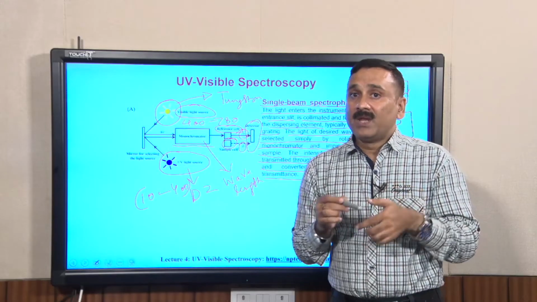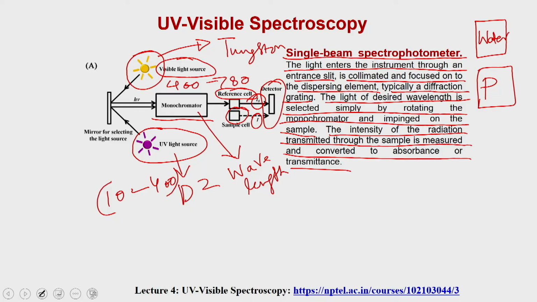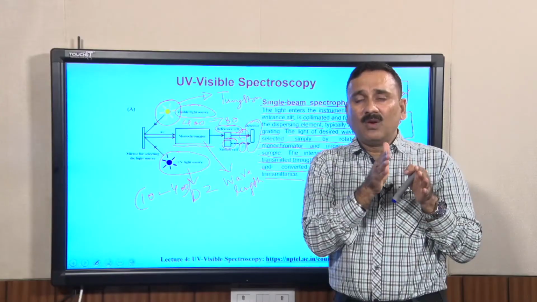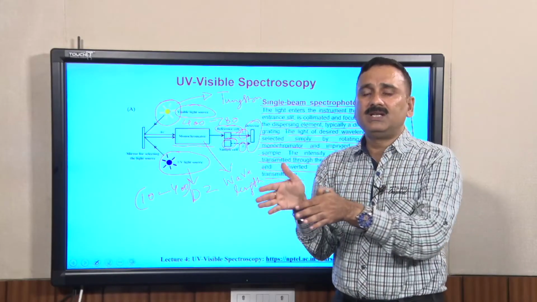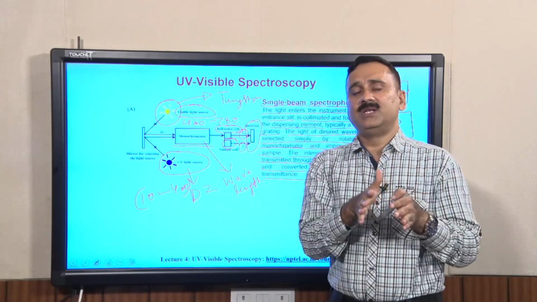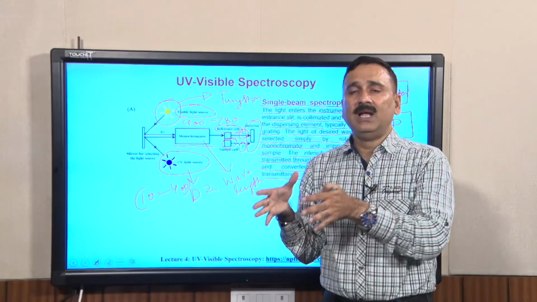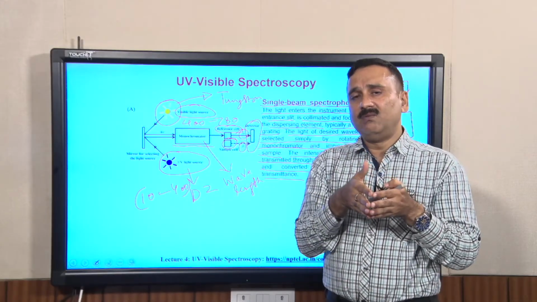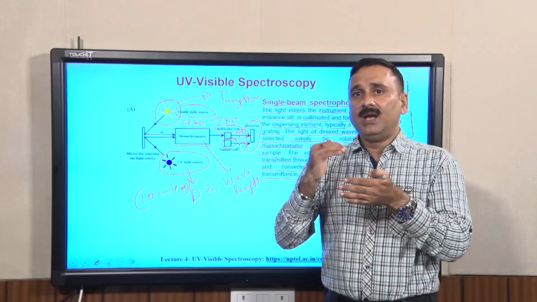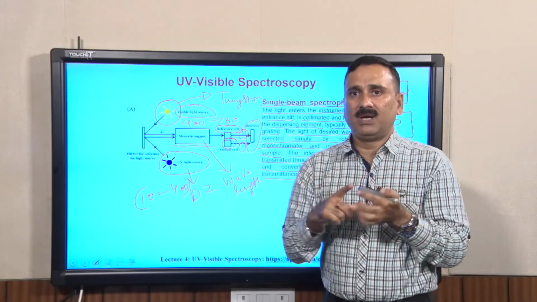But if you have a single beam spectrophotometer, you are going to first measure the water, then take it out and use your test sample, which is protein. But in between, if there is any fluctuation in the intensity of the light, it is going to give you artifacts, because it will not adjust.